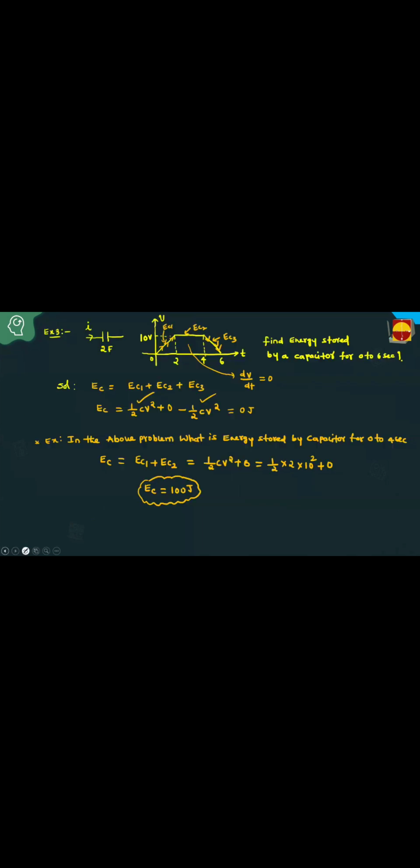Before this, one more model that I have to explain for the next example, students. If the RL combination is, this is resistor, this is inductor. R equal to 2 ohms, L equal to 2 Henry.